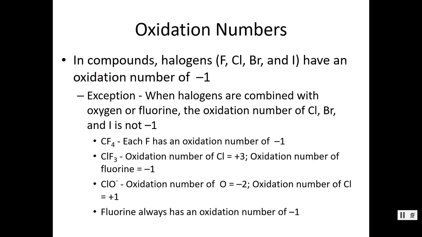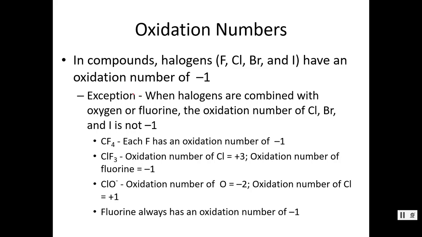Now, when we get to halogens bound with other halogens, things get a little more interesting. As we talked about before in Unit 1, halogens have an oxidation number or charge of -1.